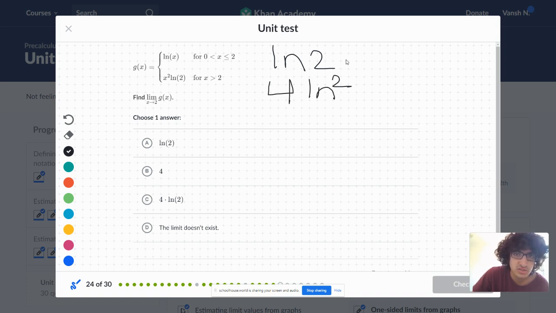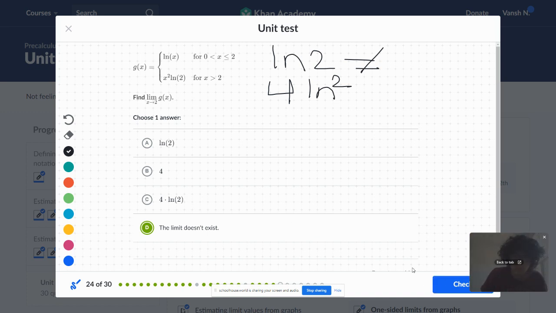So the left and right-hand sides are not equal to each other, so the limit should not exist. Left-hand side, ln2. Right-hand side, 2 squared ln2. Yeah, the limits don't equal each other, so the whole thing doesn't exist.